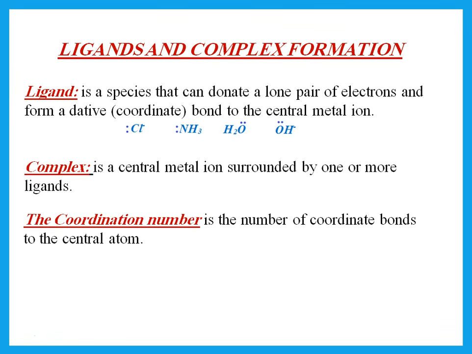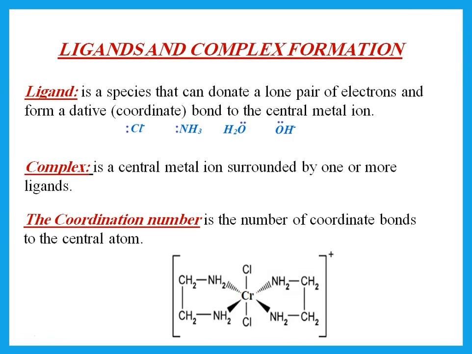So the number of coordinate bonds, or the number of bonds that the central atom makes, is called the coordination number. For example, if I have this complex, now what do I have? I have chloride ions making a complex with the chromium ion.